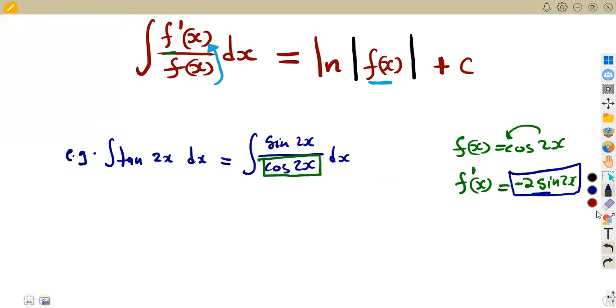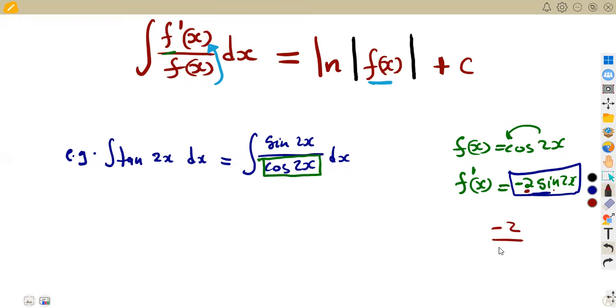But if we check, it is not the one. Here there is sine 2x, but our derivative is minus 2 sine 2x, meaning to say here we are supposed to have a negative 2, so that this represents f of x and this represents its derivative. But how are we going to do this so that we have a negative 2 on our sine 2x? We are going to multiply this by negative 2 over negative 2.